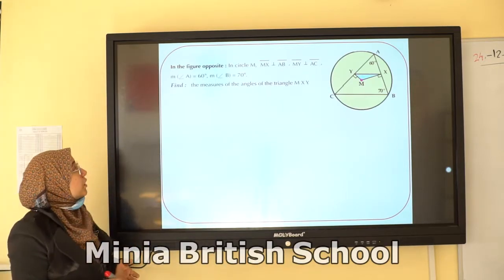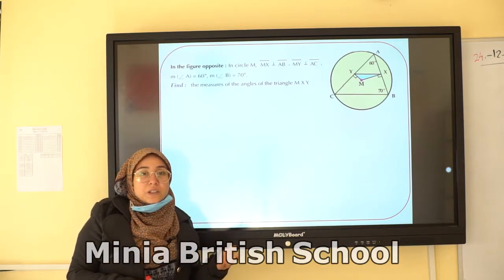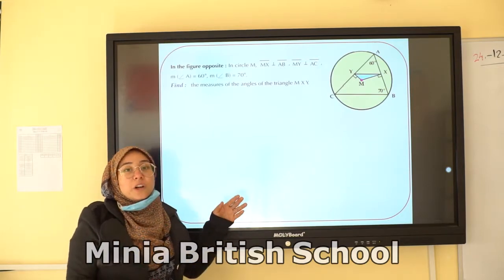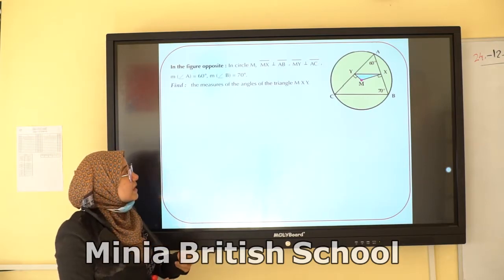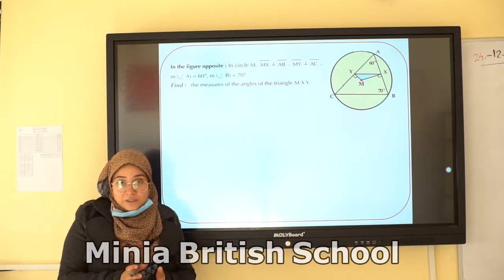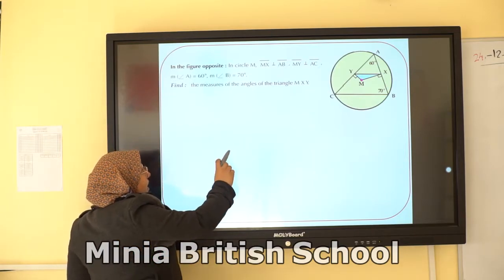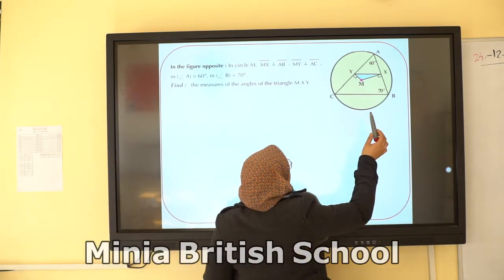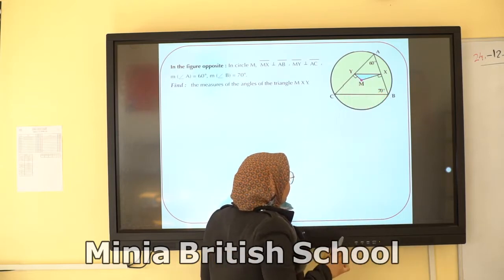In this figure, the circle M, MX is perpendicular to AB, MY is perpendicular to AC, the measure of angle A is 60, the measure of angle B is 70. Find the measures of the angles of the triangle MXY. This triangle MXY.